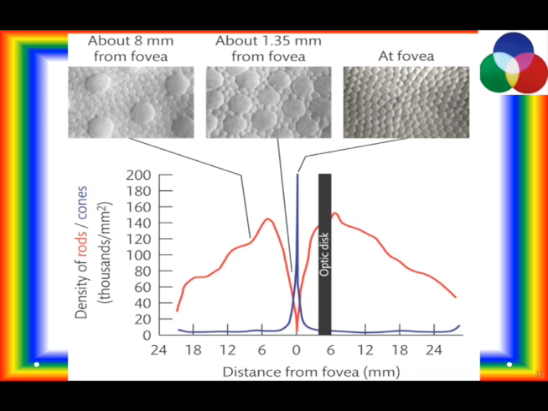And there are many, many rods out more in our periphery. In contrast, there are a lot of cones right at the center of our vision at the fovea, and no cones, or very, very few cones, out at the edges of our vision. The optic disc is always drawn here, and it just blocks out everything. There are no retinal cells there where your optic disc is.